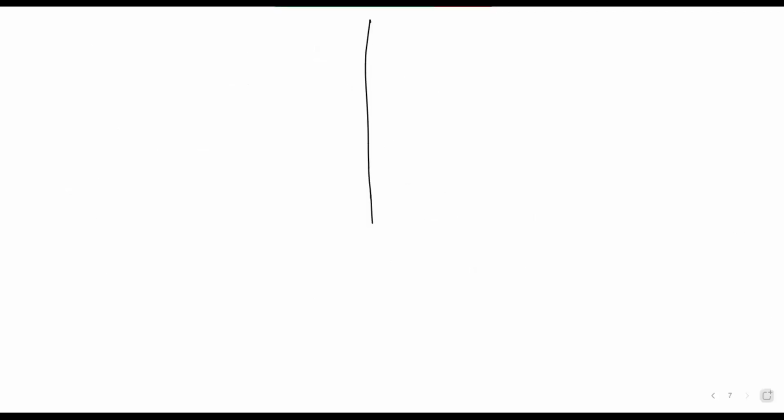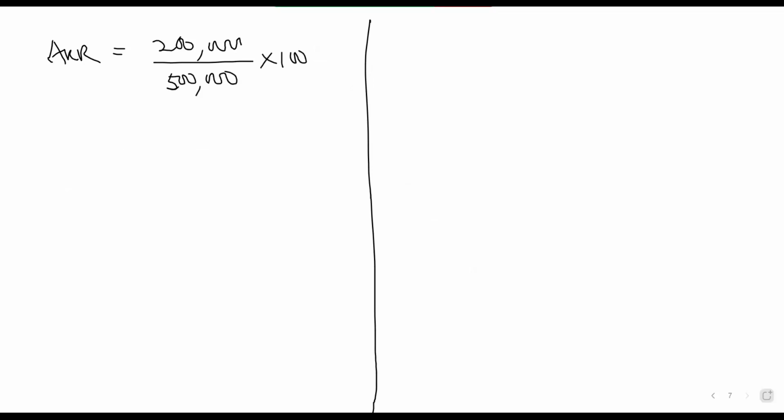All right. So let's look at the accounting rate of return. Our average accounting rate of return will be average profit, which is 200,000, divided by the average investment, 500,000. Am I correct? Is that correct?